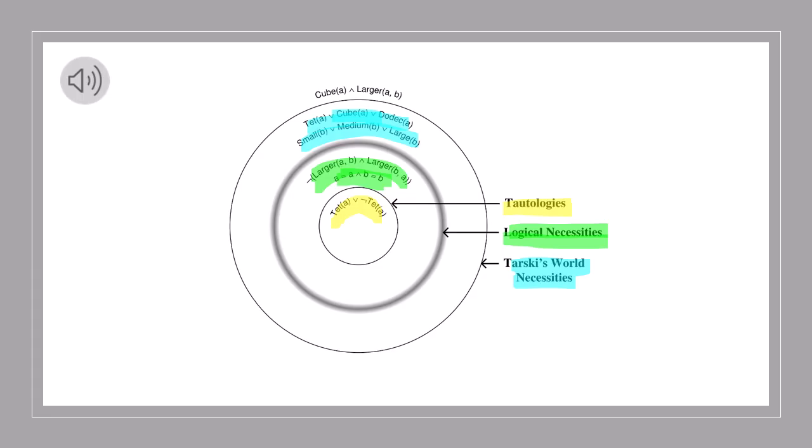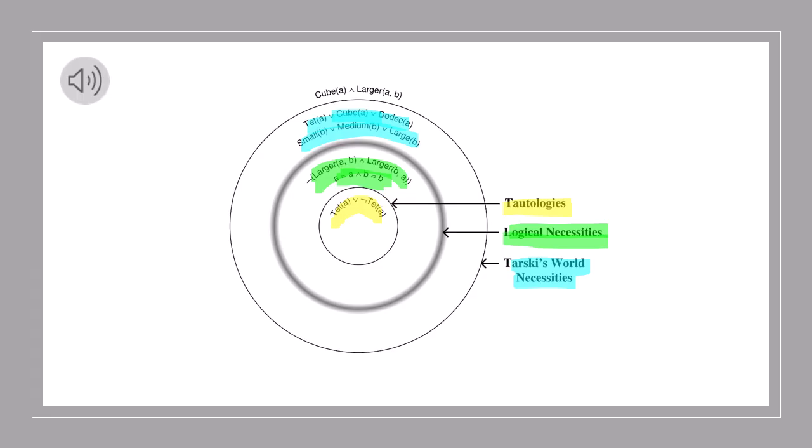So that's why we have that inner circle, followed by that nebulous circle for logical necessity. And the reason it looks nebulous in this picture and is not well defined is that it's vague, right? What did we mean by possible circumstances? Now, on the other hand, tautologies are very strong, and it's clear what the definition is for a tautology.